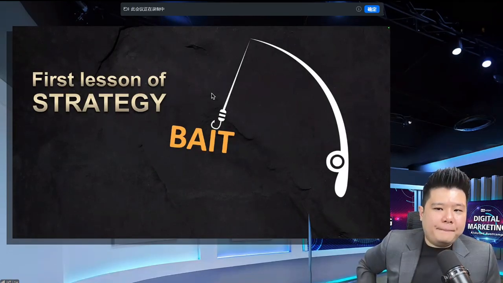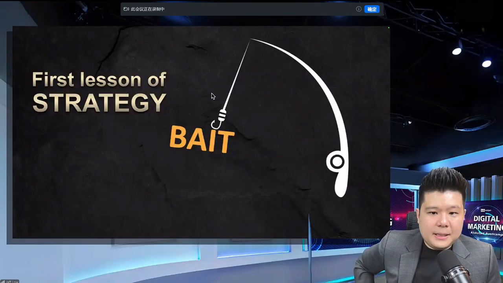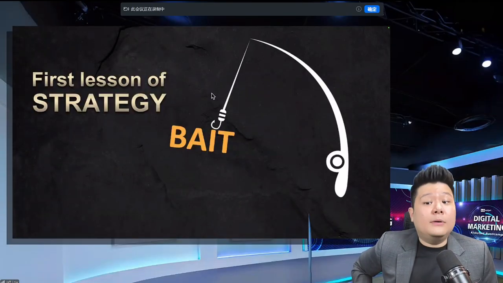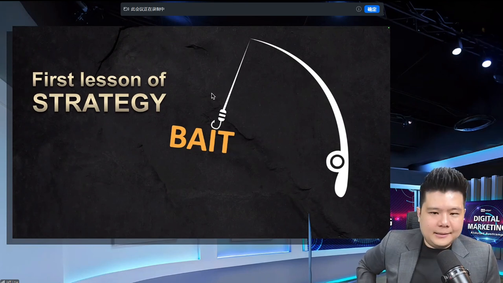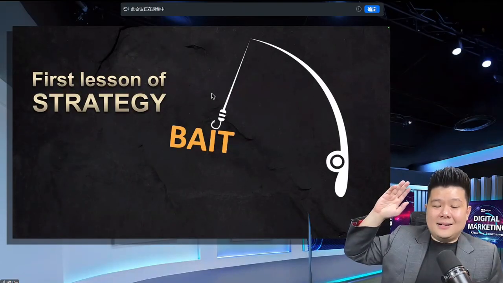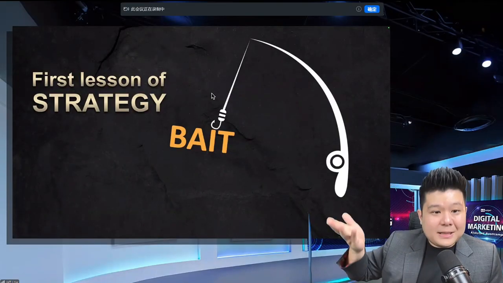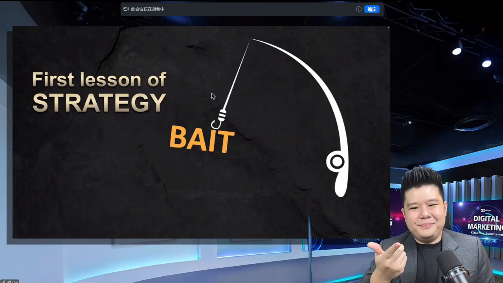And crafting a bait is equivalent to crafting an offer, because a bait can be an offer and an offer can be a bait. If it's low entry, then it becomes a bait. If you need to pay, then it becomes an offer. Make sense? But of course, sometimes for a bait, you pay as well.